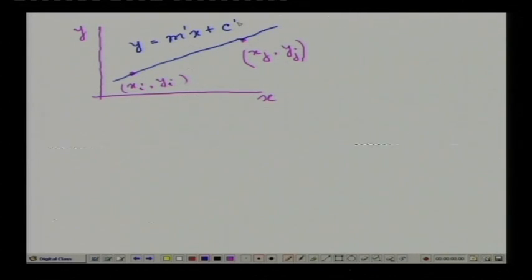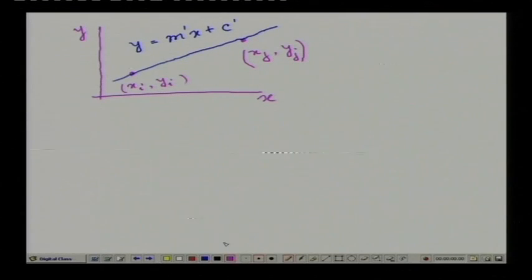So, what we have to do by using the Hough transformation is that, given these 2 points x i y i and x j y j, we have to find out the parameters or the equation of the straight line which is passing through these 2 points.